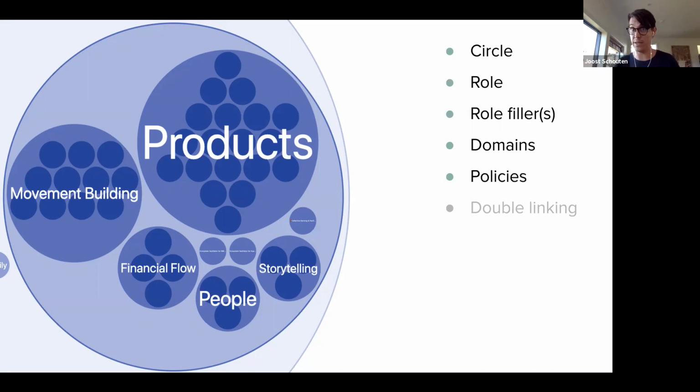Let's make everything open from the start and only close things when there's harm done, verifiable harm in the past. Domains and policies introduce bureaucracy, and sometimes bureaucracy is really useful. But let's start with the default of no or hardly any bureaucracy, so policies, domains, until there's a need for them.